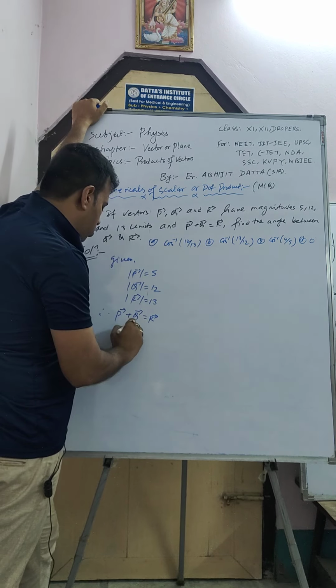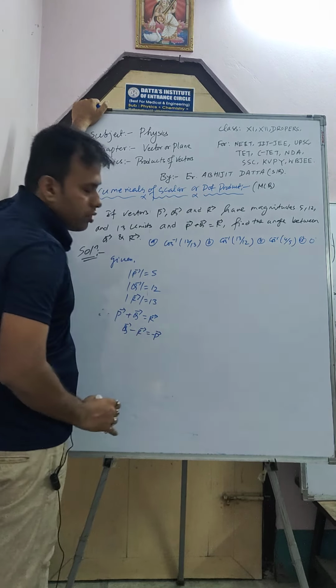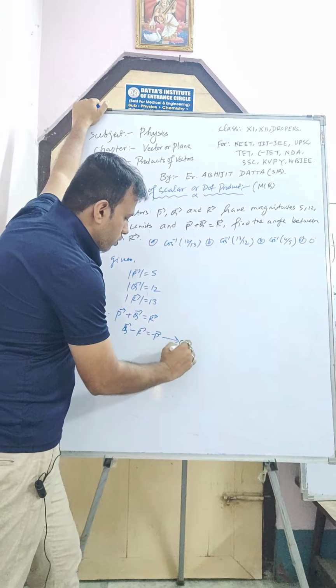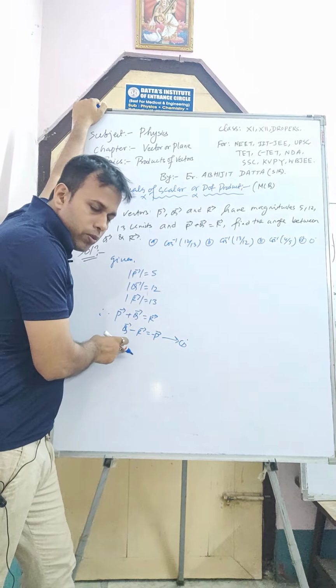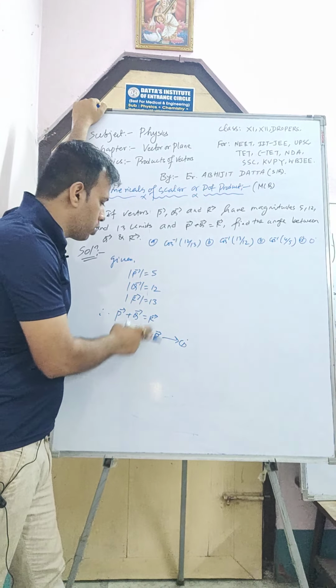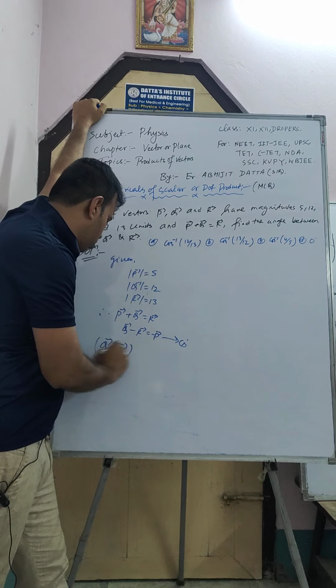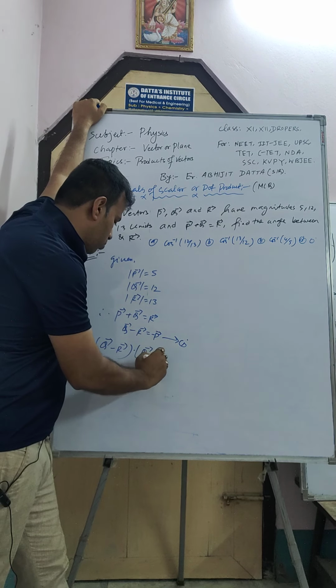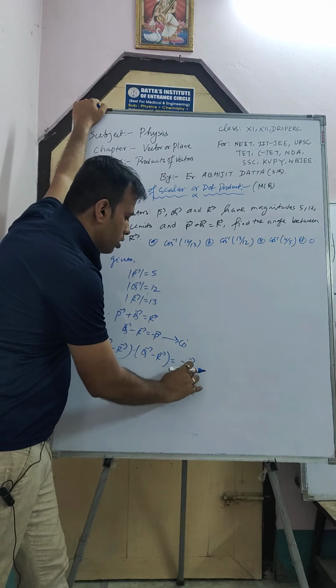So I take q and r on the left side and p will be on the right side. Now you do the scalar product with itself. If I do the scalar product with equation 1, it will become r minus q dot r minus q equals minus p vector dot minus p vector.